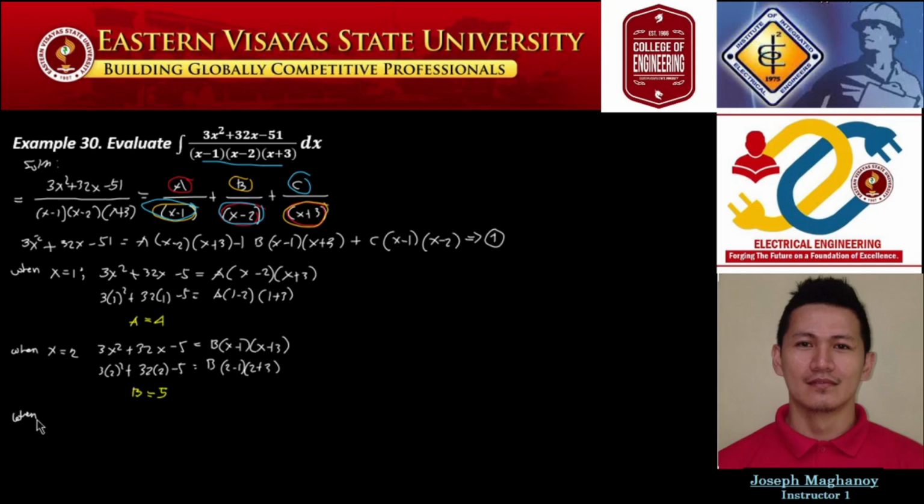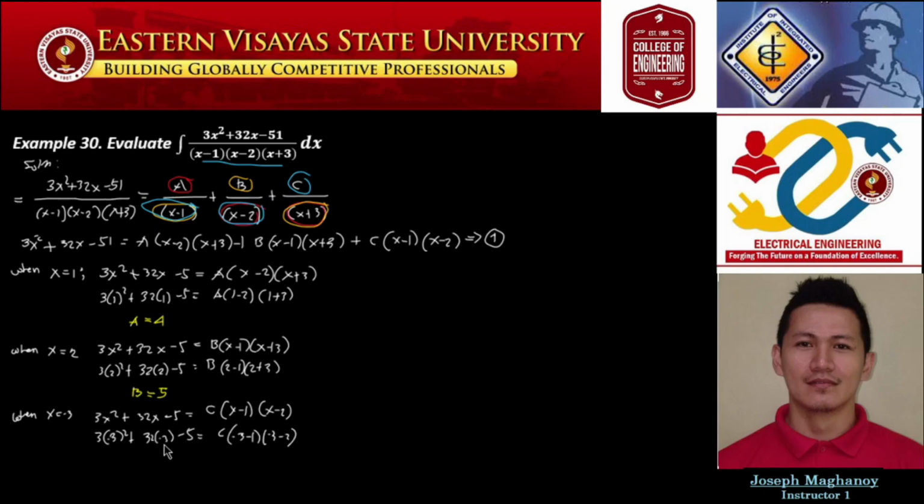So when x is equal to negative 3, let's copy the equation, 3x squared plus 32x minus 51 is equal to C, x minus 1, x minus 2. Substitute the value of x, negative 3: 3 times negative 3 squared plus 32 times negative 3 minus 51 equal to C, negative 3 minus 1, negative 3 minus 2.